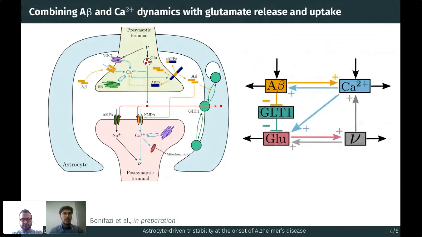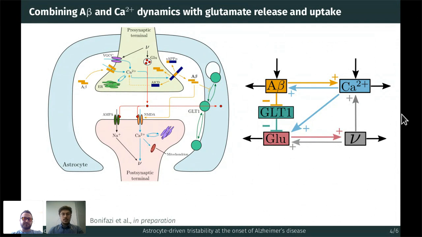Now, having these two bistable systems separate, we can actually combine them. In particular, we combine them by integrating the calcium modulation into the glutamate release, as calcium is promoting the release of vesicles from the presynaptic terminal, and also how the firing activity is modulating the calcium influx in neurons.